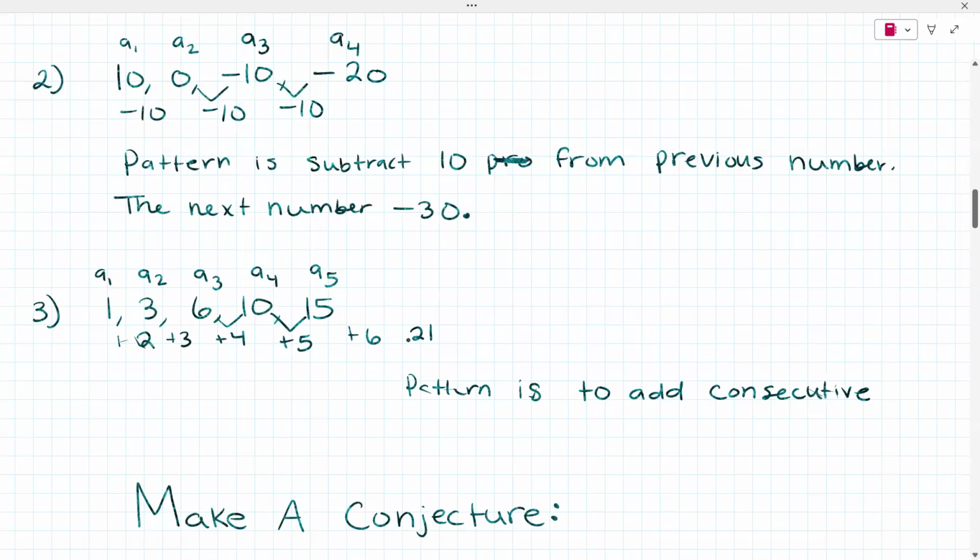The pattern is to add a consecutive number. Next number is 21.